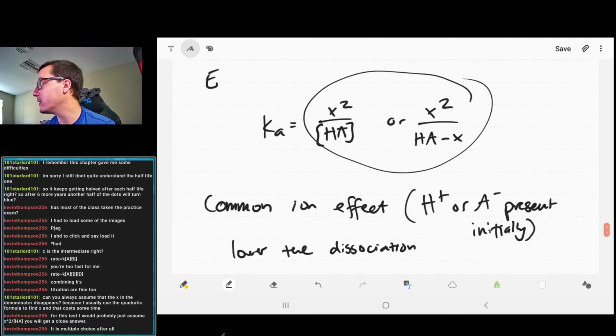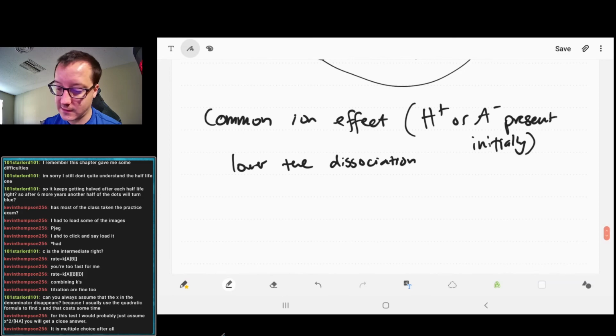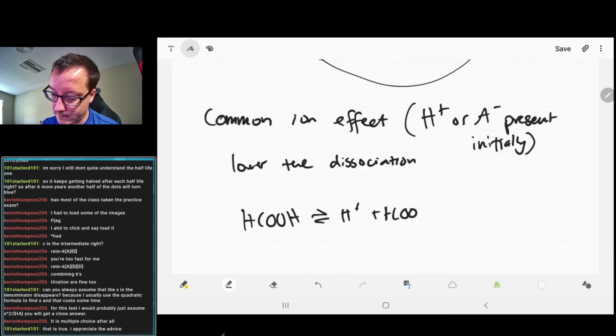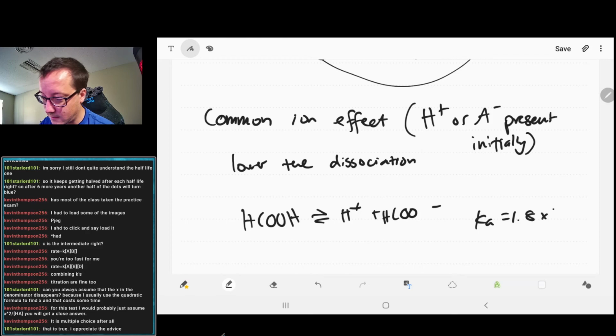So one of the ones that I did give you was formic acid. God, it kills me to write it this way, but whatever. We'll do it that way. No, I can't. I have to write it this way. I'm sorry. Same thing. Its Ka is 1.8 times 10 to the minus 4.